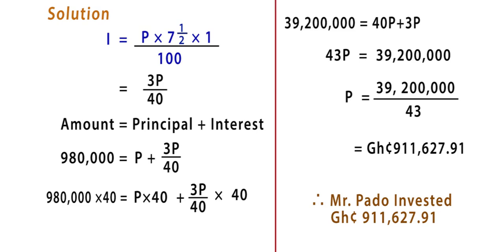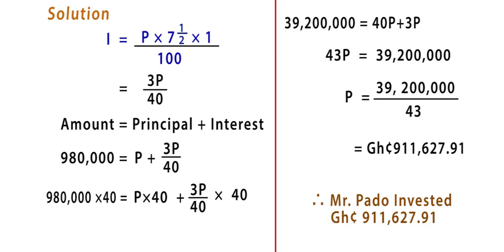We are trying to make P the subject, and we have P on the right-hand side of the equality sign. In mathematics, we prefer to have the variable we are looking for on the left-hand side of the equality sign. So at this juncture, we move 40P and 3P to the other side, and we also move the 39,200,000 to the other side.